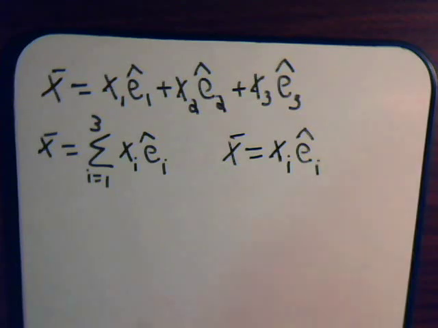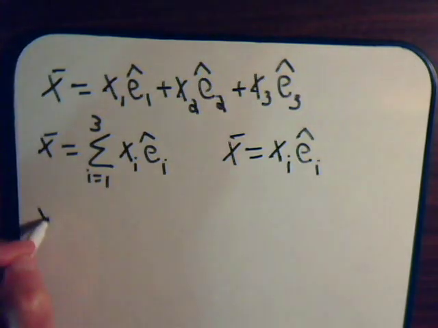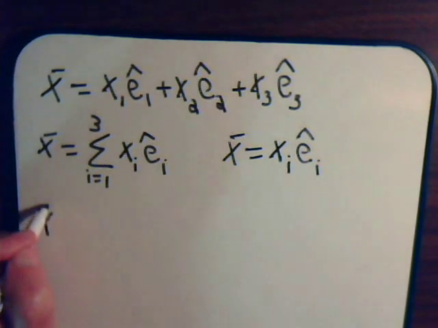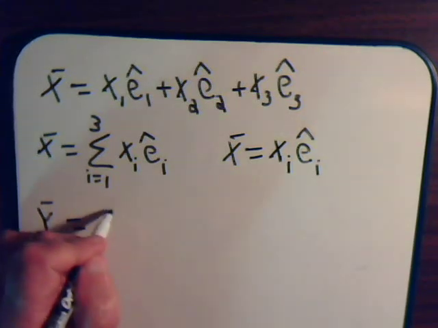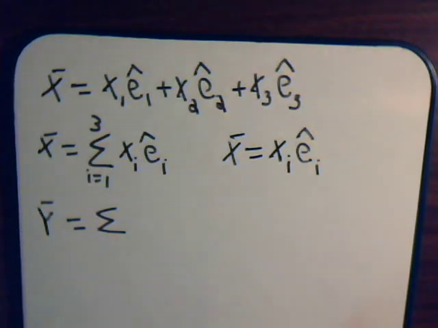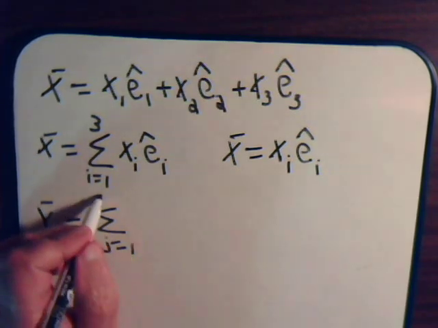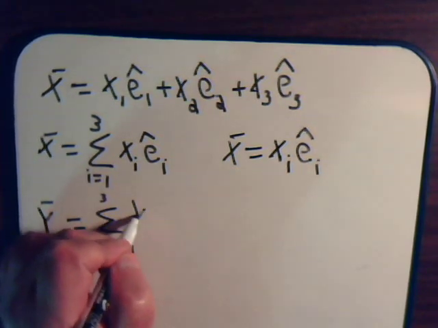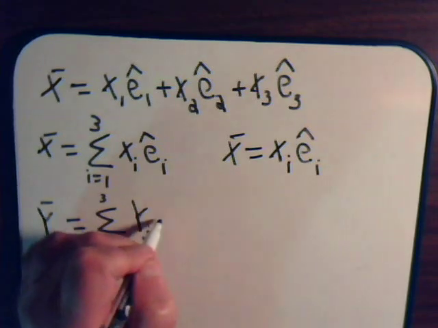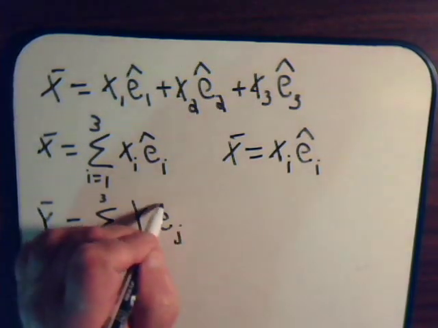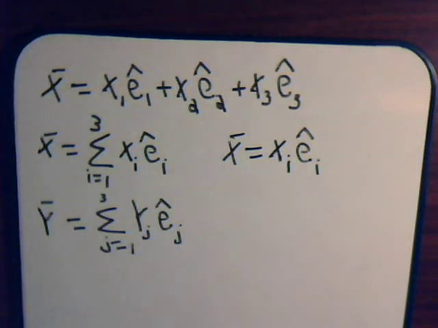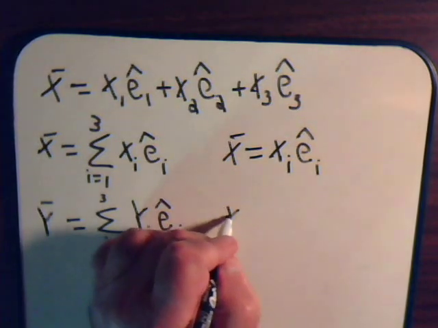Let's suppose that we have another vector, say y, and we'll express it in component form the long way. Say we have y_j e_j, or of course we could express it like this.